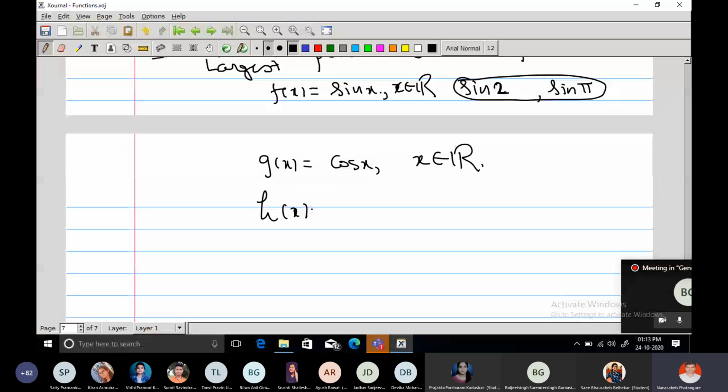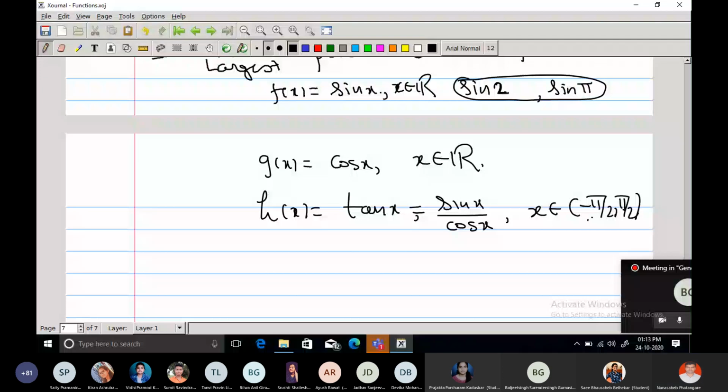then what is the possible domain for tan x? What is tan x? It is sin x upon cos x, right? And it is defined from minus pi by 2 to pi by 2, not at pi by 2 and not at minus pi by 2. So inside this range, correct? Is it clear?